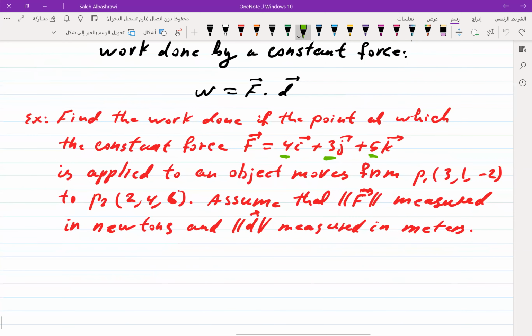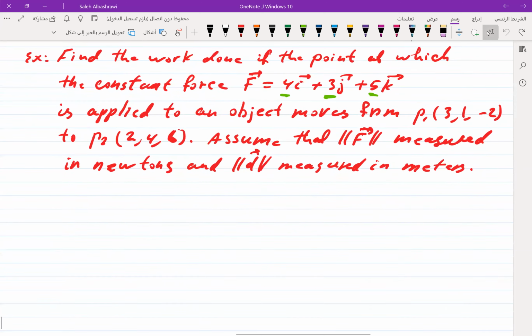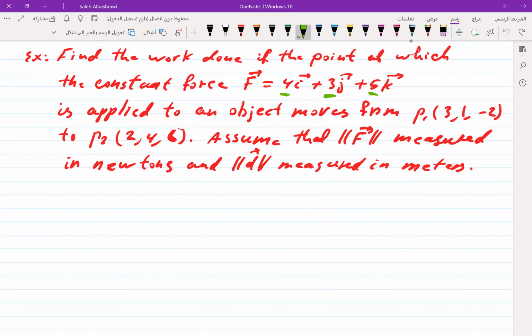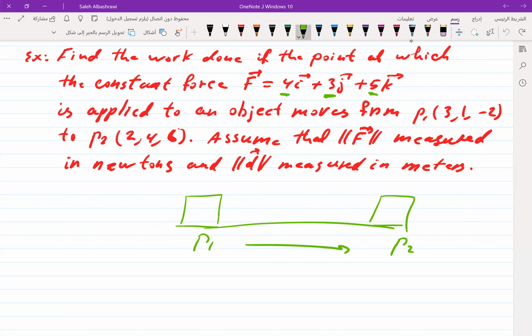So I need to find the work done by the force applied to an object that moves from P1 to P2. We have an object which is moved from P1 to P2, which means that I have a vector here. P1 is the initial point, P2 is the terminal point.